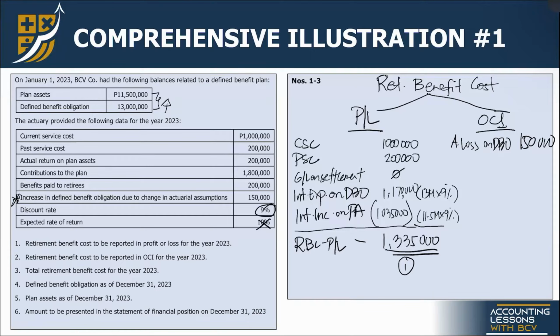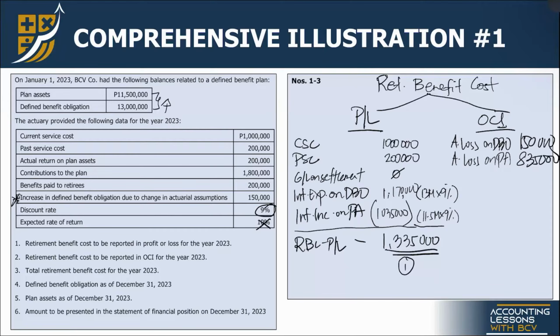How much is the interest income? 1,035,000. Okay. How much is the difference? 835,000, correct? Ano yan? Is it an actuarial gain or a loss? Since the actual return is lower than interest income, then we have what? Actuarial loss also on plan assets. 835,000.